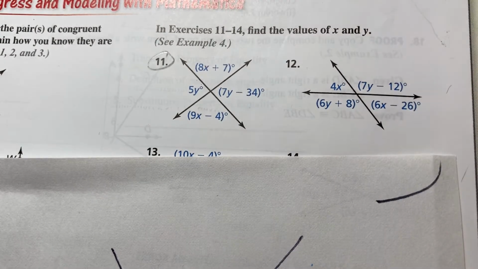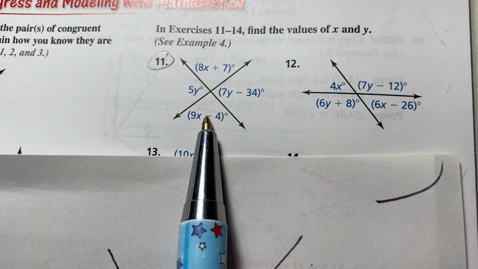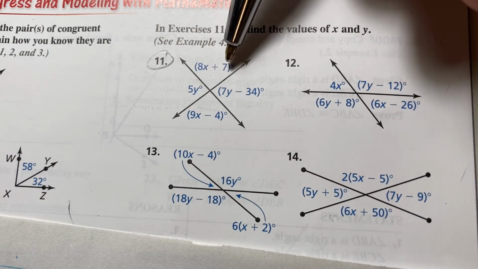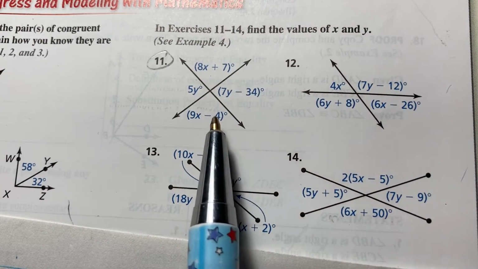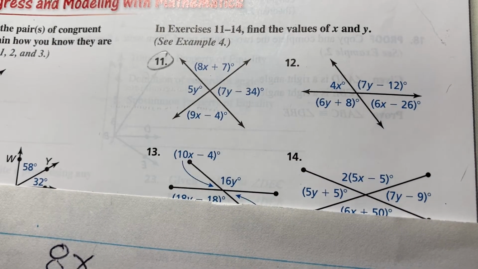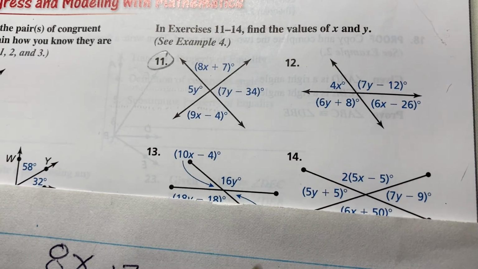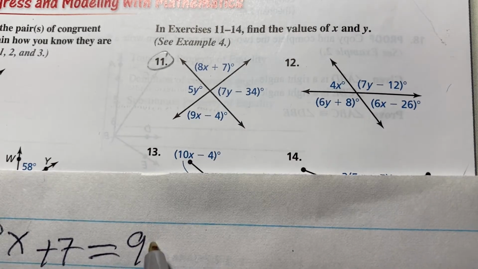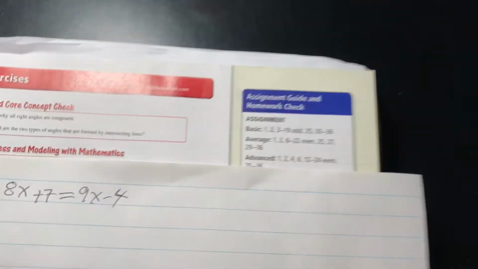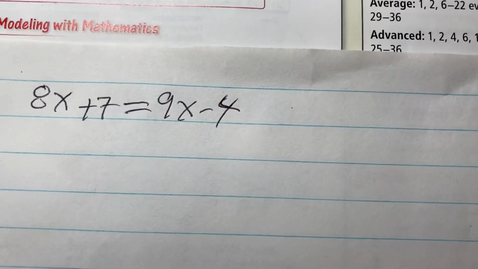This angle and this angle are vertical angles, therefore they're congruent. So I'm going to write down that this angle, 8x plus 7, is equal to this angle, 9x minus 4. They are congruent to each other.